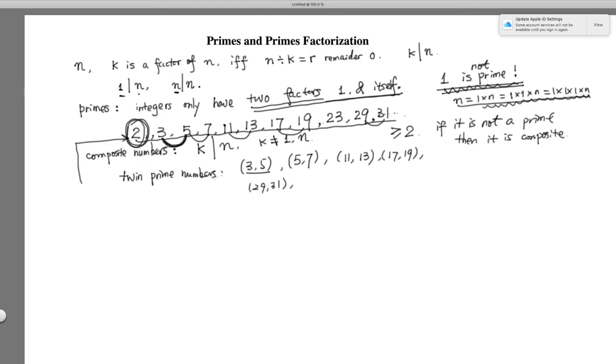twin prime numbers. Now, as you see, as numbers go on, primes will appear less and less often. Why is that? Because, you see, I'm going to exclude all multiples of 2. They cannot be prime numbers. All multiples of 3 cannot be prime numbers. All multiples of 5 cannot be prime numbers. Multiples of 7 cannot be prime numbers.